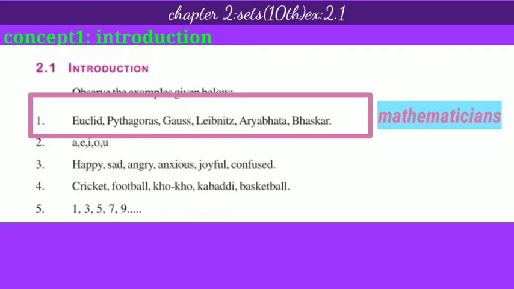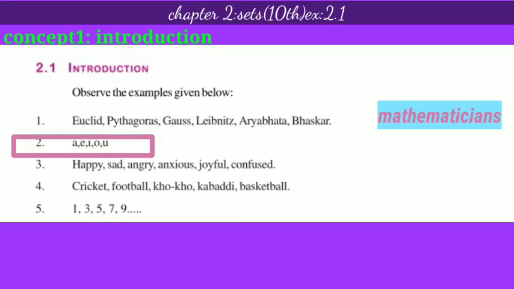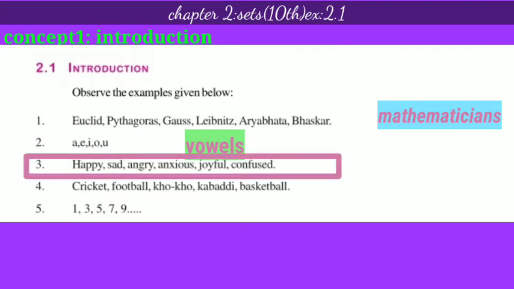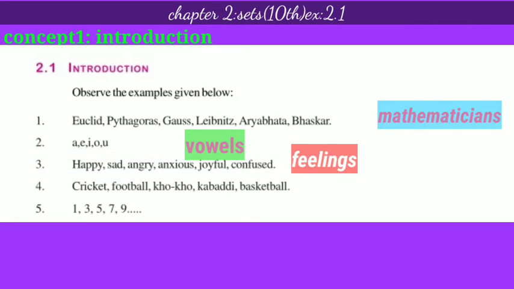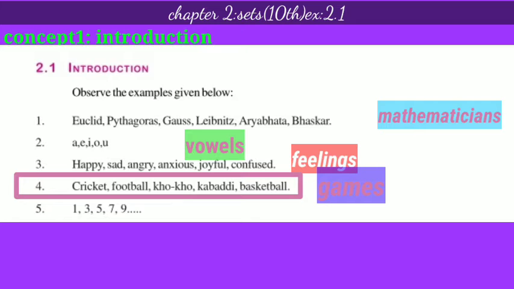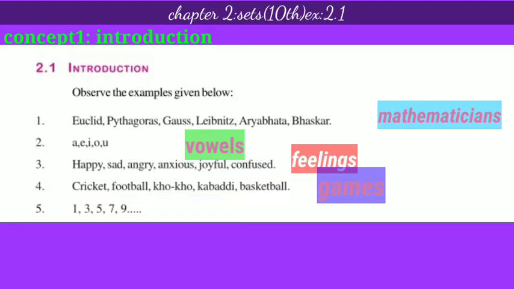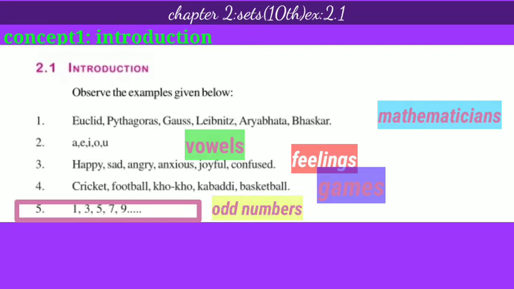Example 2 is A, E, I, O, U, the vowel letters of the English alphabet. Example 3 is a collection of happy, sad, angry, anxious, joyful, confused, the feelings of a man. Example 4 is a collection of 5 games, and the fifth one is 1, 3, 5, 7, 9, and so on, the collection of unlimited odd numbers.